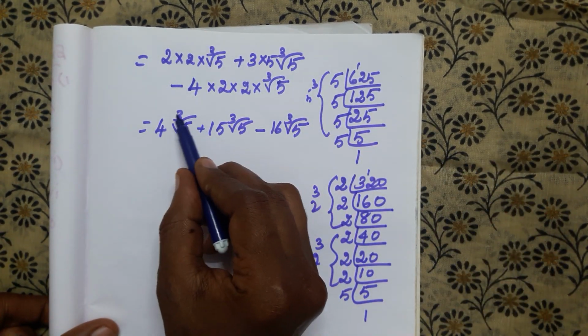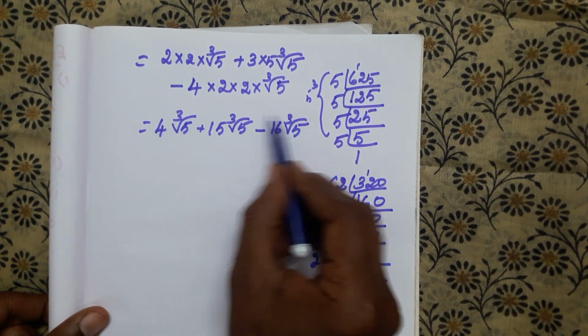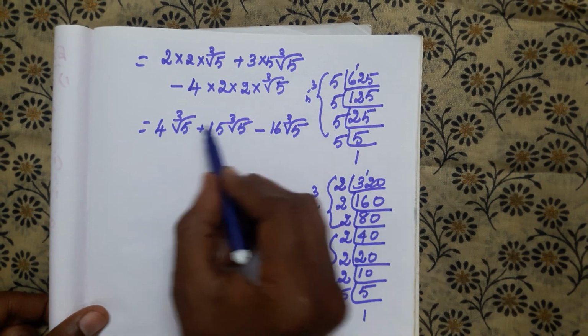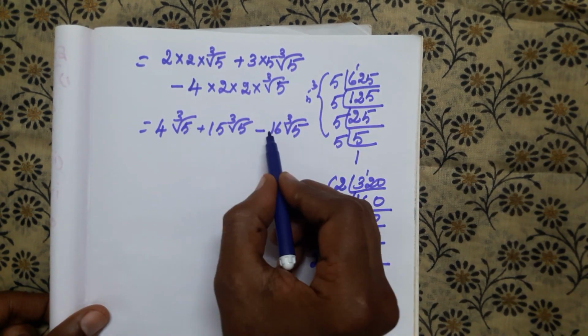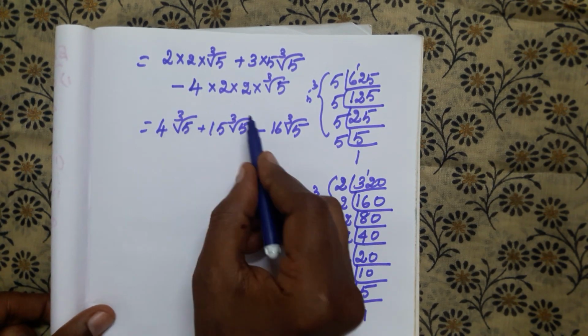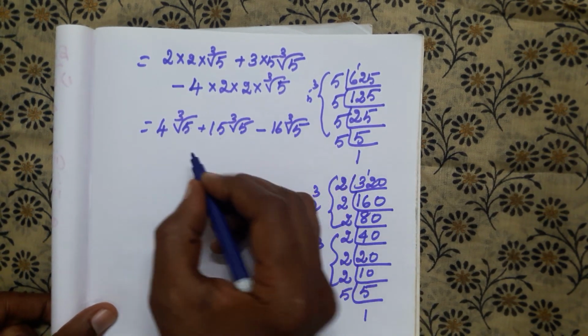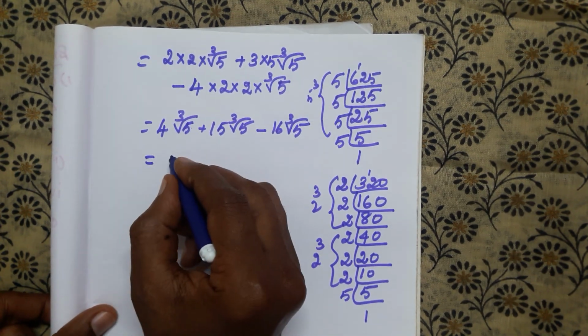Now you check it. Everywhere the order is 3 and the radicand is also equal, the radicand is 5. So only if the order and radicand are equal can we add or subtract. How can we write it?